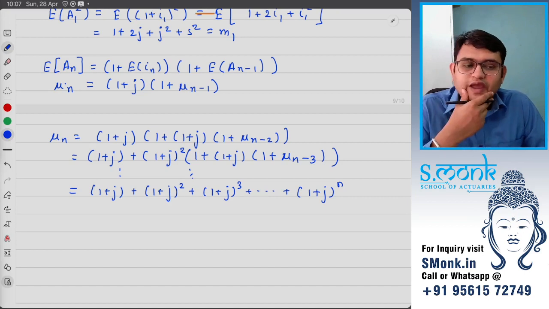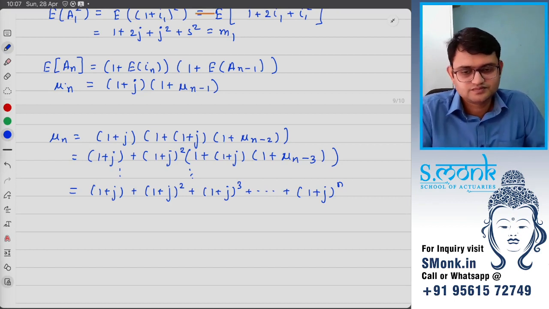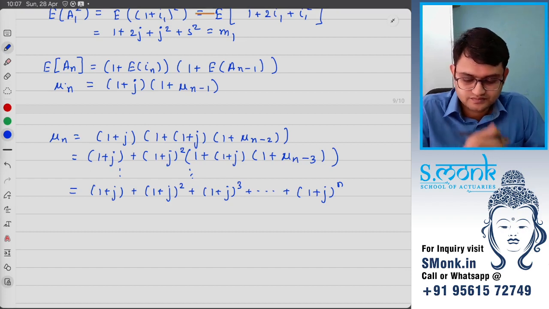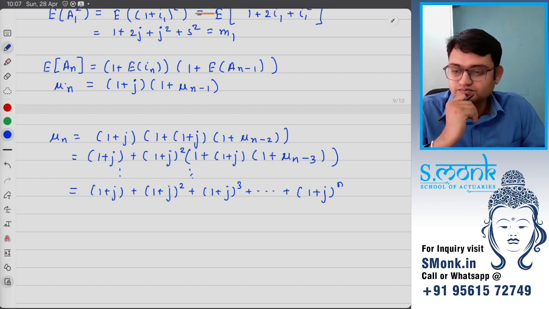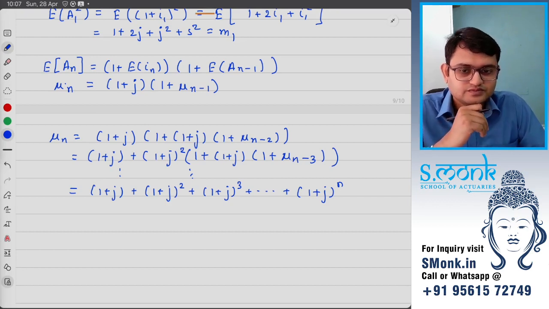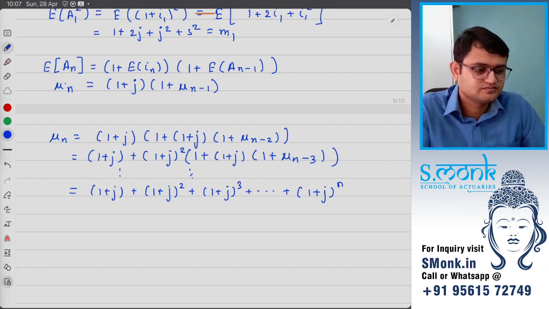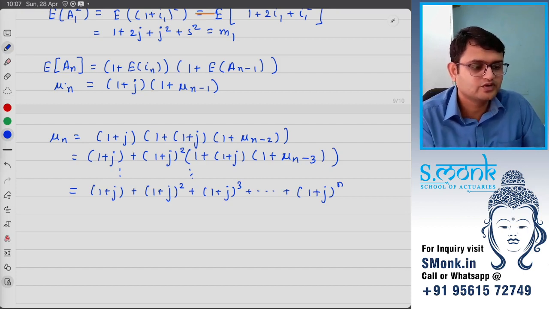Now, have we seen this pattern before? What can you make out of this pattern?